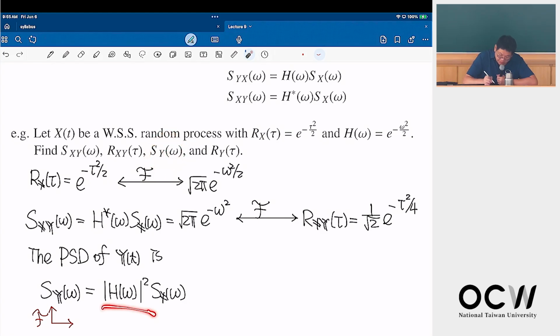So here we have H, and then the power spectrum of X. So it'll be square root of 2 pi and exponential to the minus 3 omega square over 2.